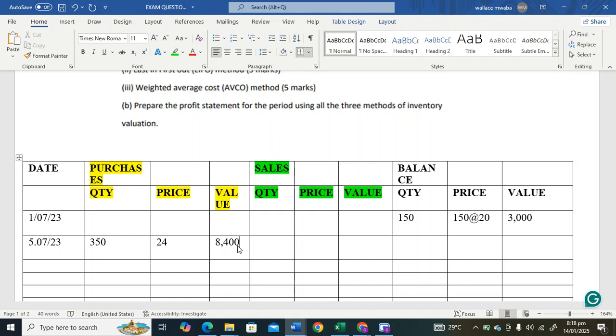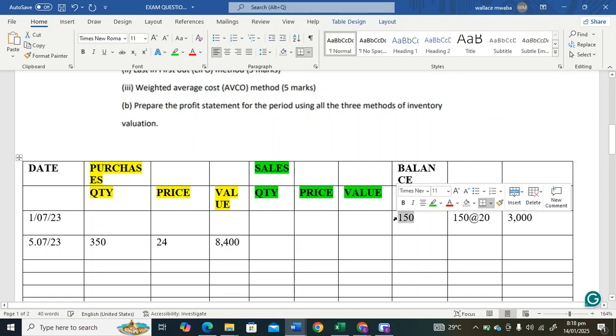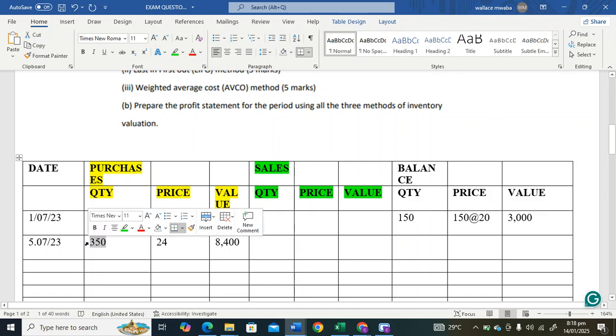Every time you make a purchase, this is where you're going to separate your inventory. Initially, we had 150 units. We brought in 350 units.